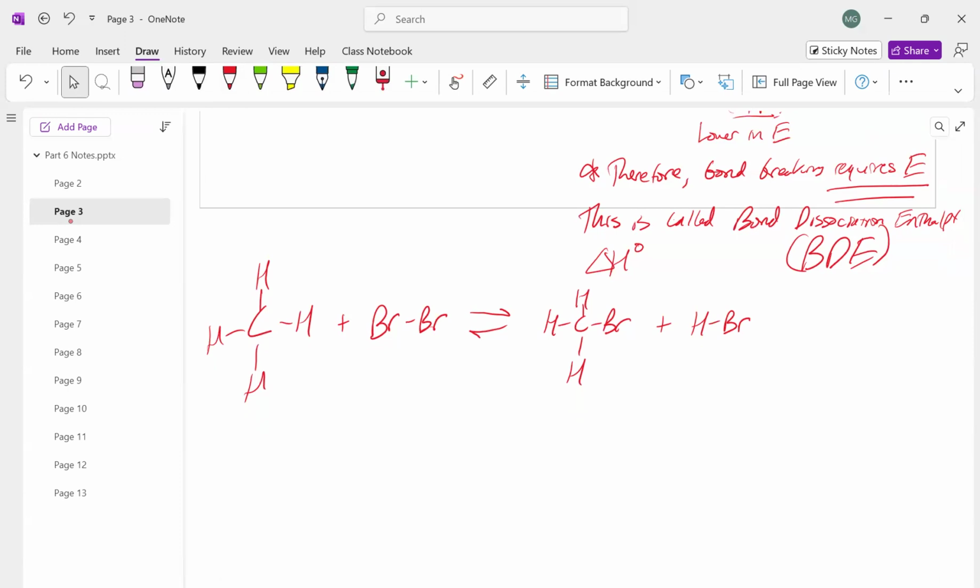So let's look at our reactants. The first bond that we see that was broken was a carbon-hydrogen bond. So bonds broken, we have a carbon-hydrogen. And then also on the reactant side, there was a bromine-bromine bond that got broken.